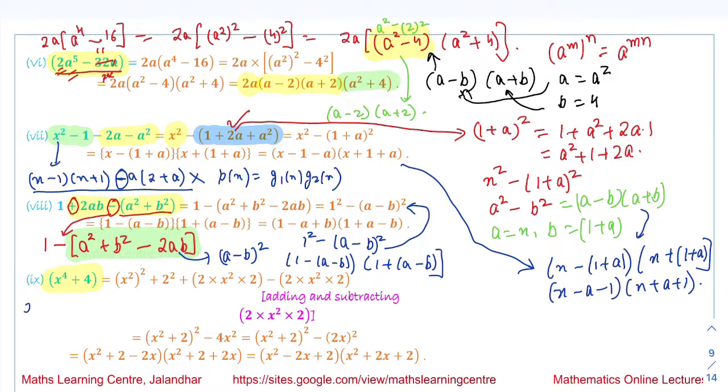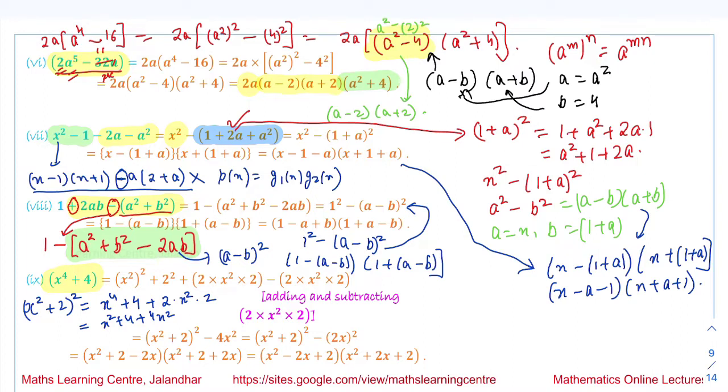Suppose I write x square plus 2 whole square; then the answer will be x raised to power 4 plus 4 plus 2 into x square into 2, so it is x raised to power 4 plus 4 plus 4x square.